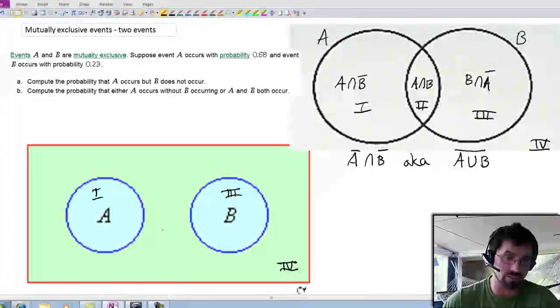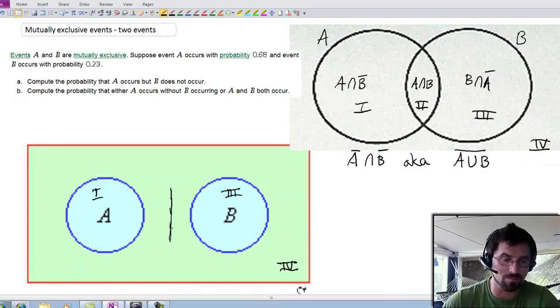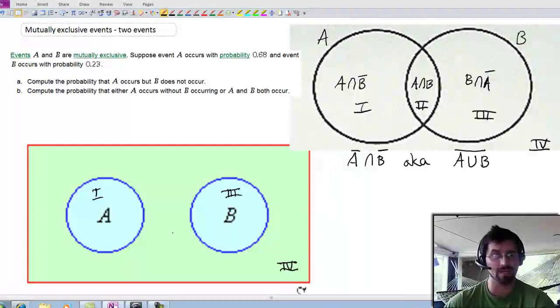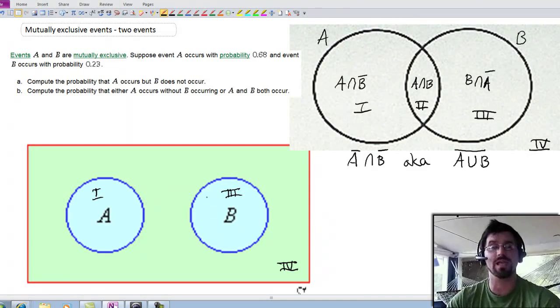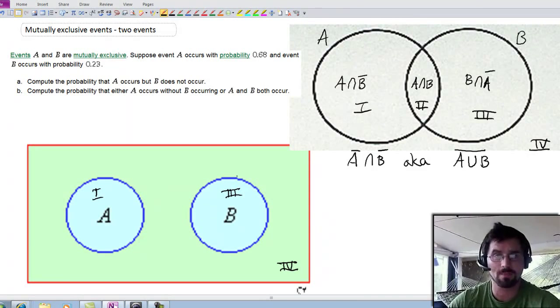So you can think of region 2 as being in here, but it's like a line. It has no area. It's completely empty because there is no overlap between A and B. And if we understand that, we can begin filling in our probabilities and then answering the question.